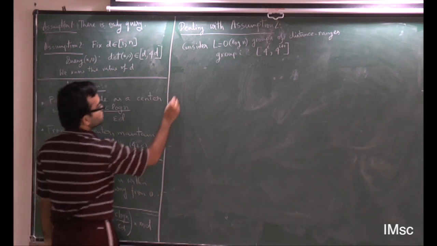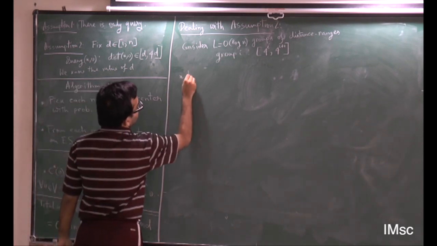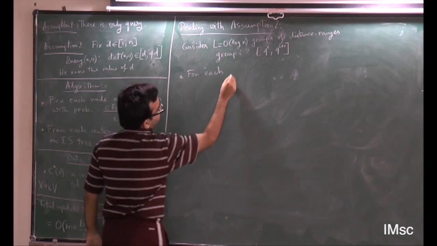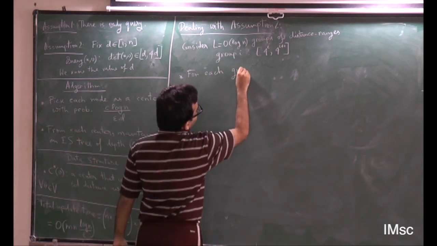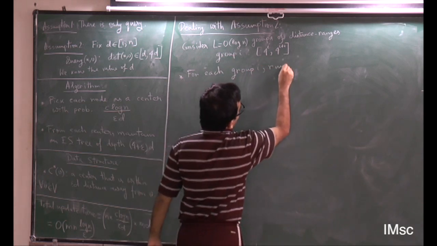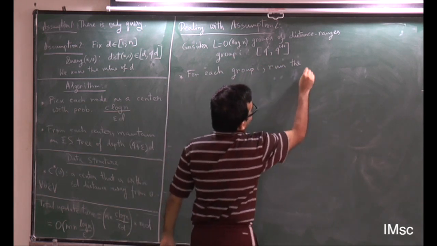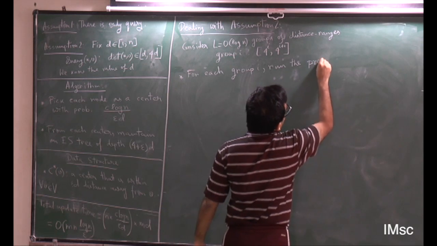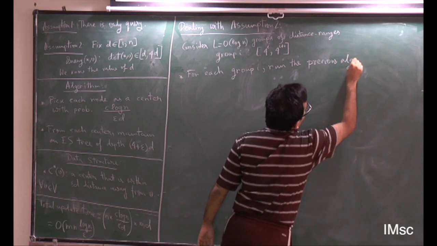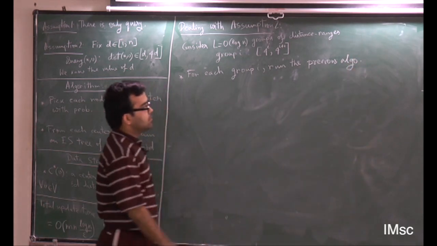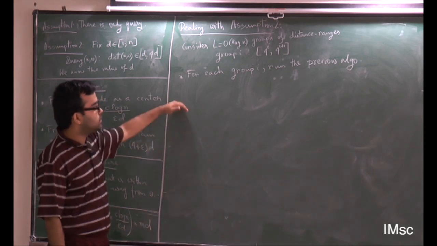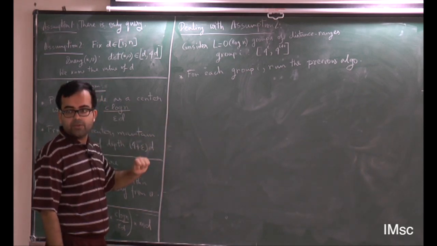Okay. Then for each group I, run the algorithm which we did so far. Now, two things. One, what is the total update time and how do you answer the query?